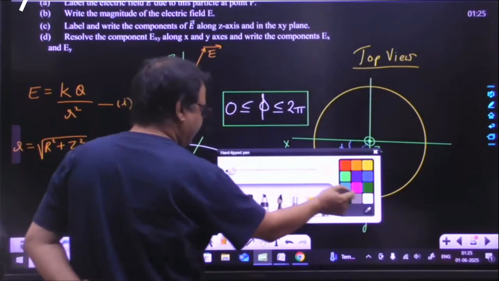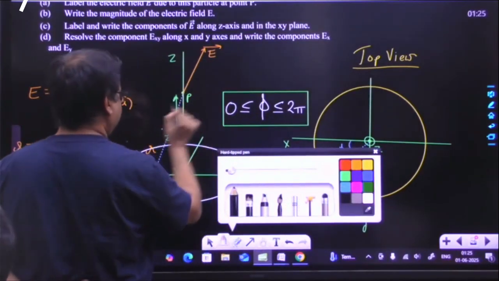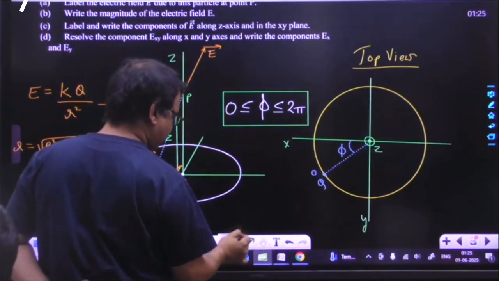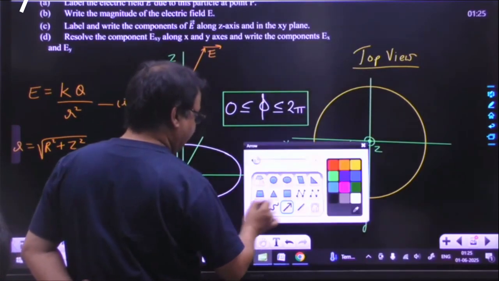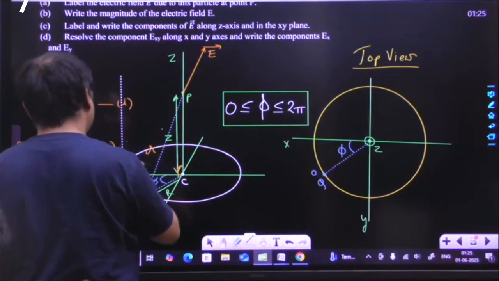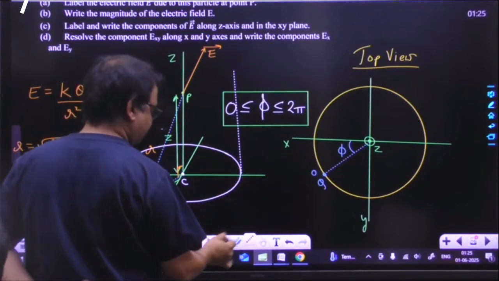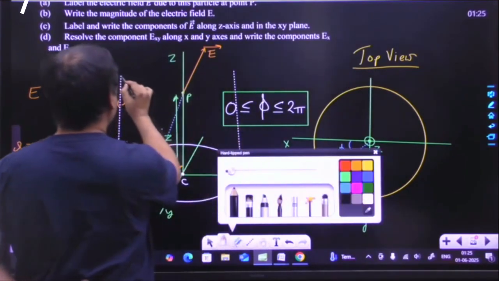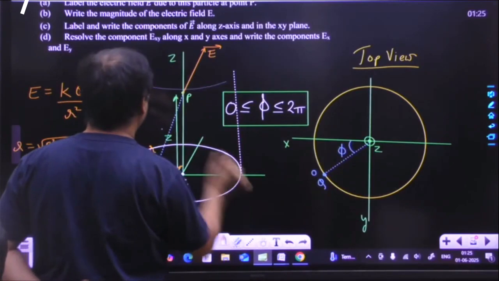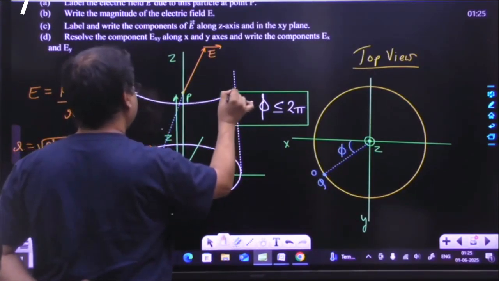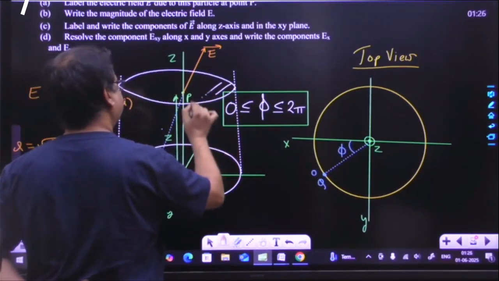Say I'm duplicating the XY plane, that is, the plane of the ring. That means I'm making a plane parallel to the plane of the ring, something like this.